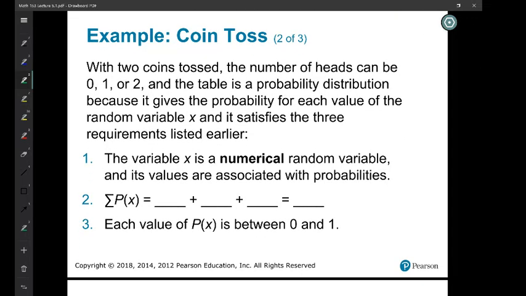The variable x is a numerical random variable, and it's discrete because it can only take on values 0, 1, and 2, numbers that you could count, and a finite number of numbers.